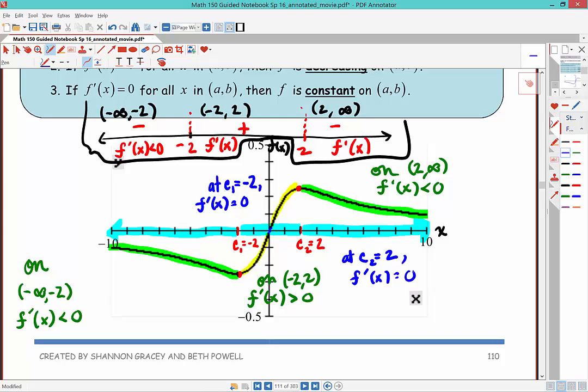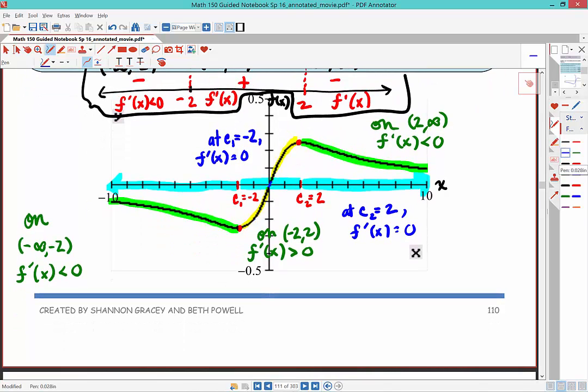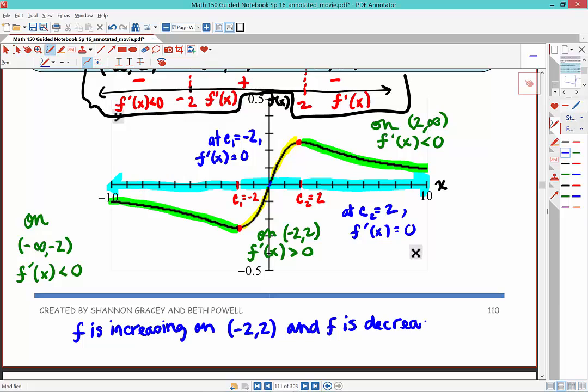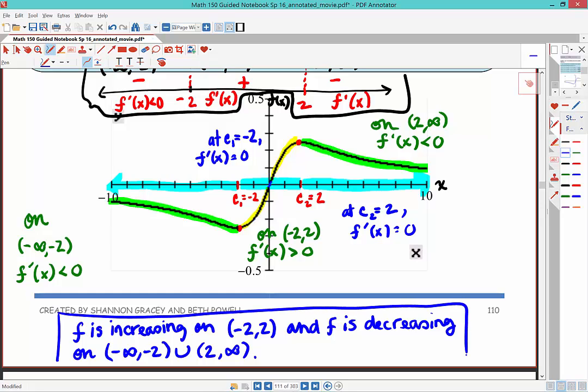So for our conclusion, we can say f is increasing on the interval from -2 to 2, and f is decreasing on -infinity to -2, non-inclusive, union 2 to infinity. And that would be the end result of this particular problem.